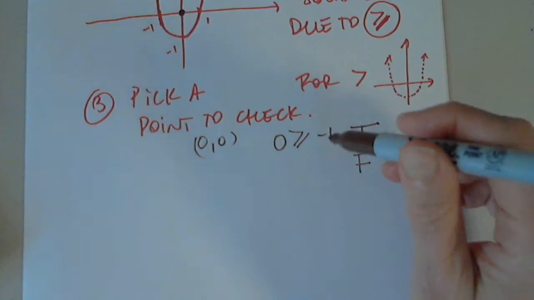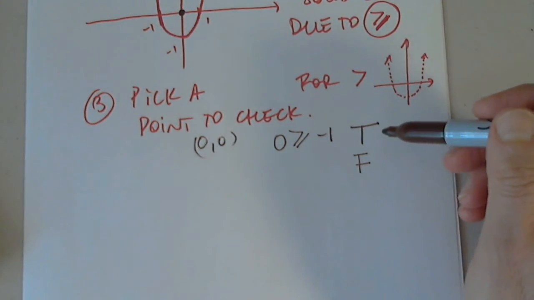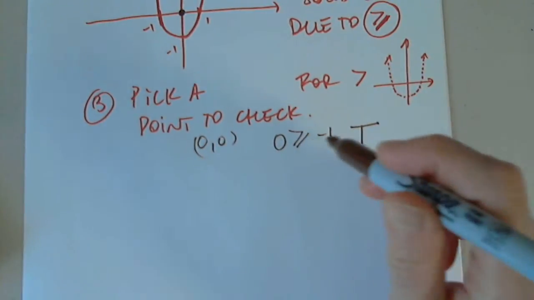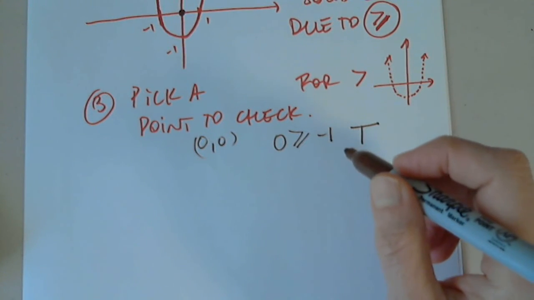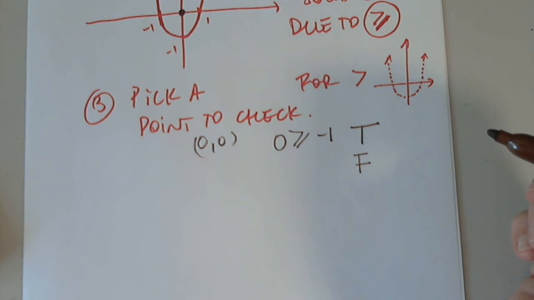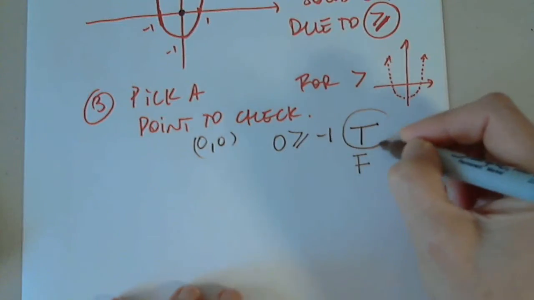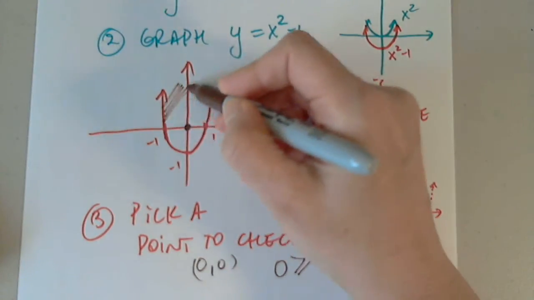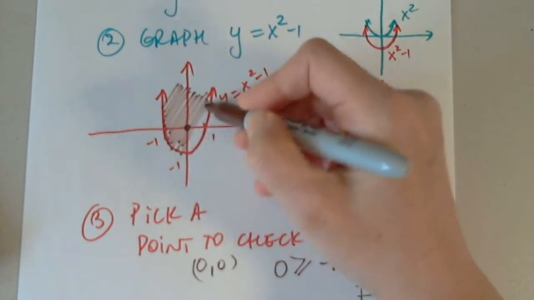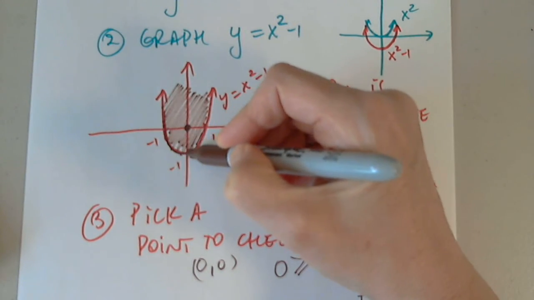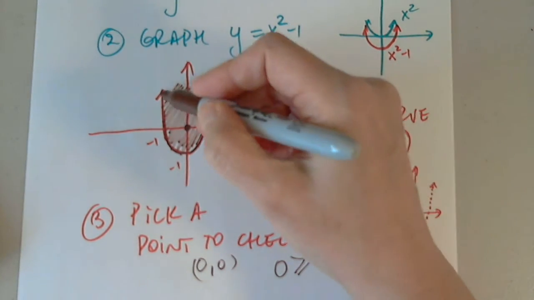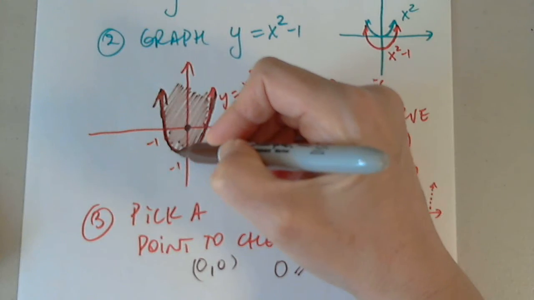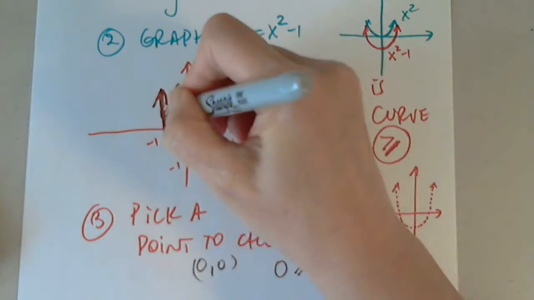Is 0 greater than or equal to -1? Or is 0 not greater than -1? It's true. It is true. So therefore, I will shade in this area, including points on the graph. This is the solution.